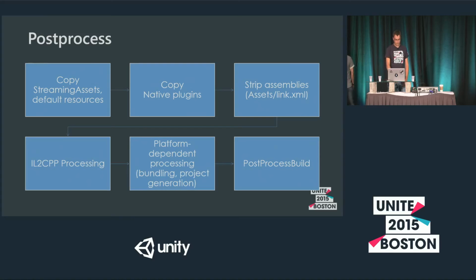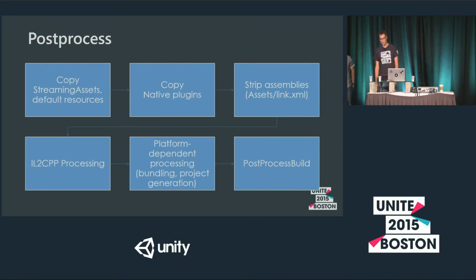The next step is completely platform dependent and gets you as close to the target build as possible. So this is actually per-platform post-processing. For example, for desktop platforms, we create a bundle which you can run immediately after build, and it contains the executable, all data, all referenced DLLs, native DLLs on Windows, for example.